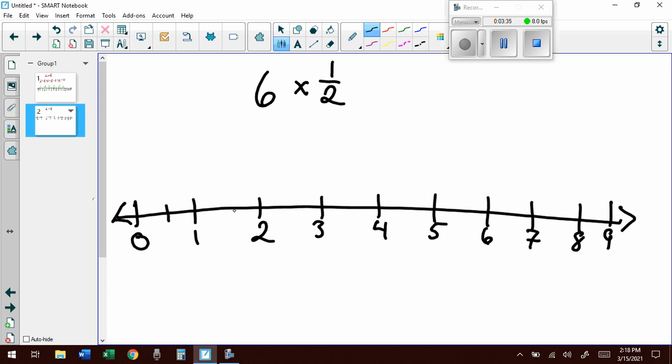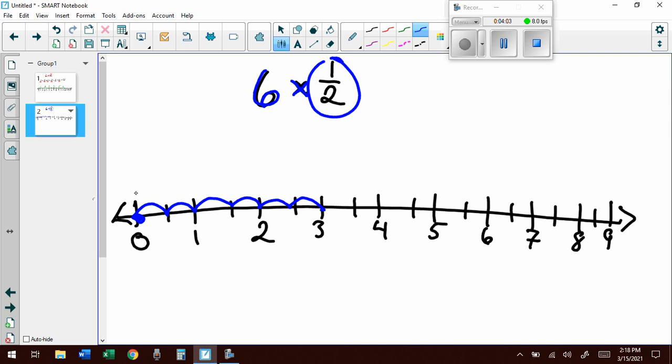We need to partition this in half because we are counting by halves. We need to do 1/2 6 times. Here we have 1/2, 2 halves, 3 halves, 4 halves, 5 halves, 6 halves.